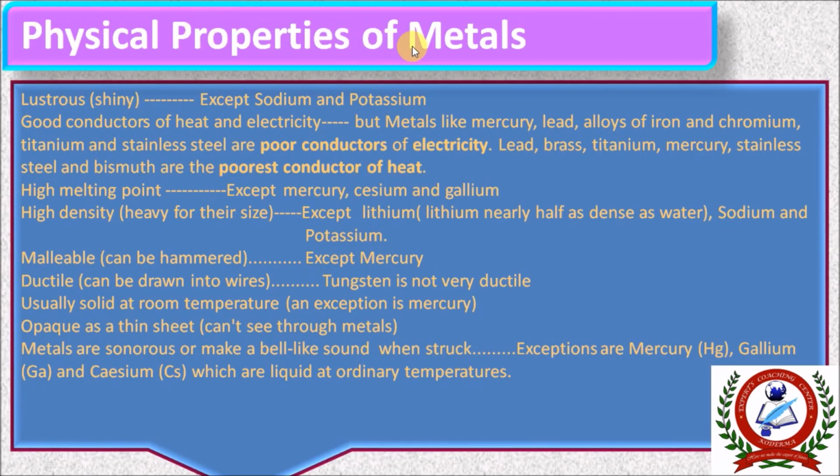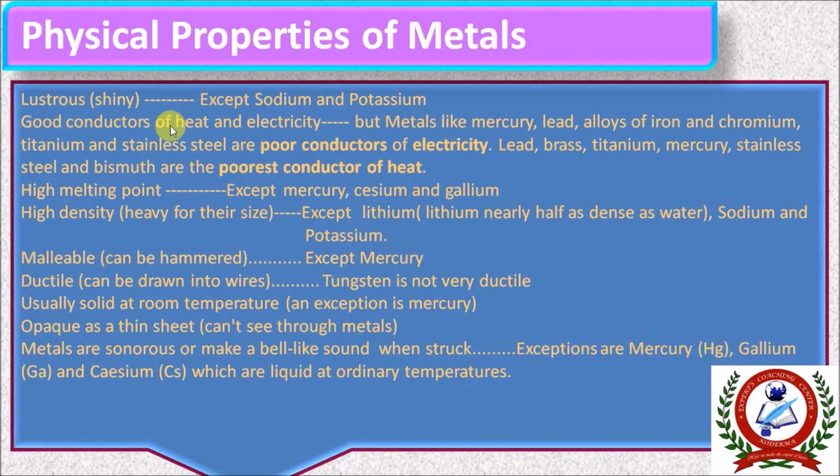Now talk about the physical properties of metals. Generally metals are lustrous. Lustrous means having a shiny surface, except sodium and potassium, because they don't have a shiny surface.